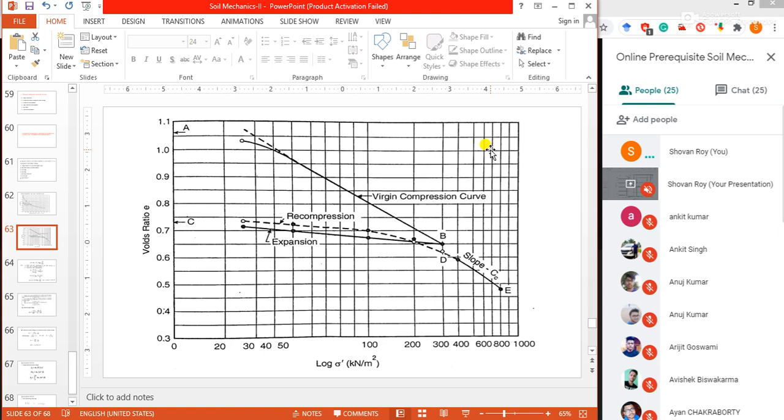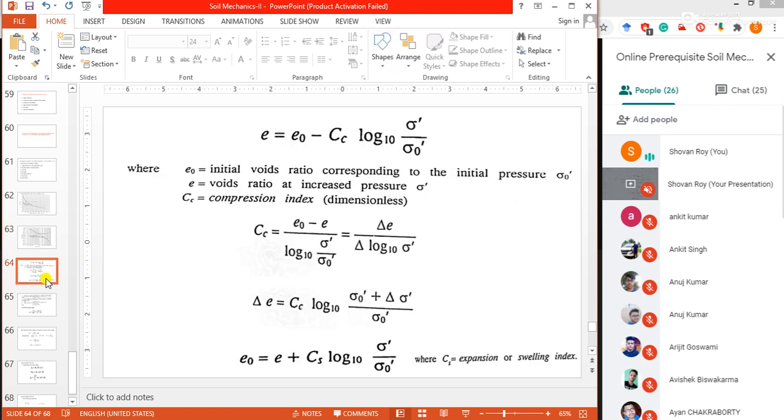The straight line portion of the virgin compression curve can be expressed by this void ratio equation. The void ratio, this is actually the final void ratio, e equals e0 minus Cc into log 10 base sigma dash by sigma 0 dash.